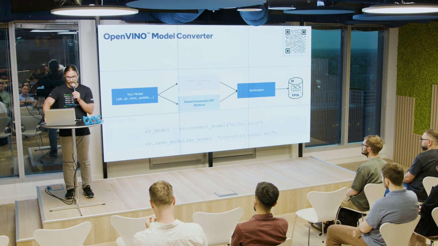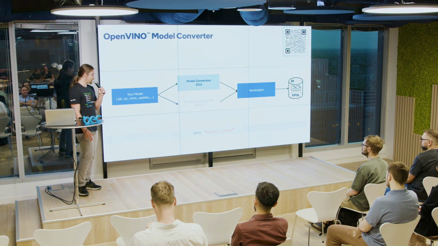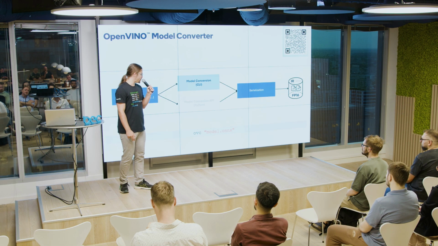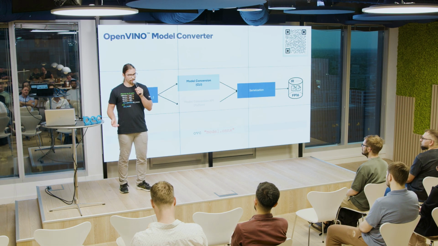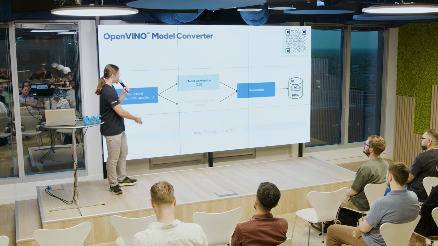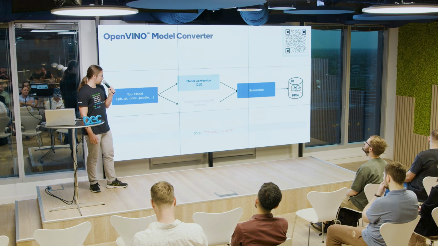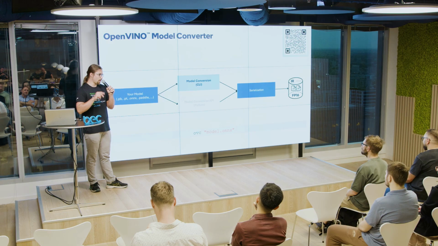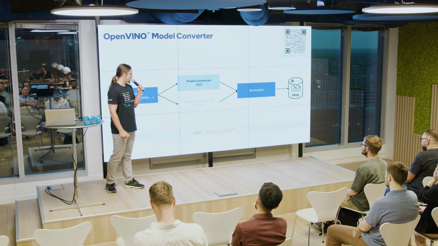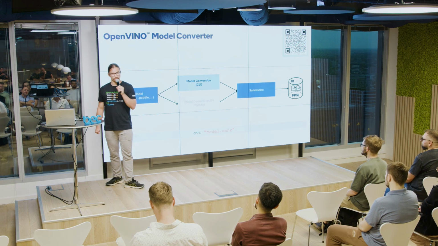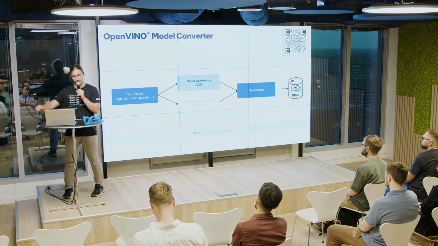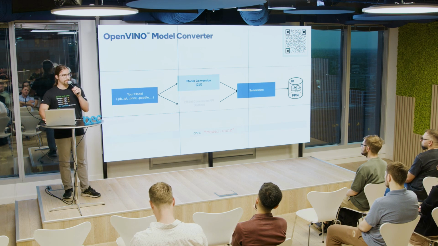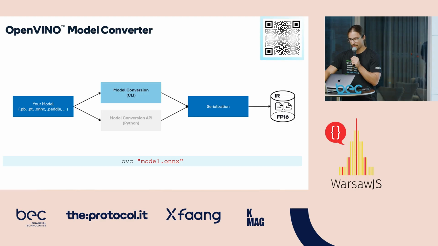Or the other way is in CLI. If you have OpenVINO in your virtual environment, you can just run this command, OpenVINO converter, so OVC, and the name, a path to your model saved in different format, and it creates an IR format.